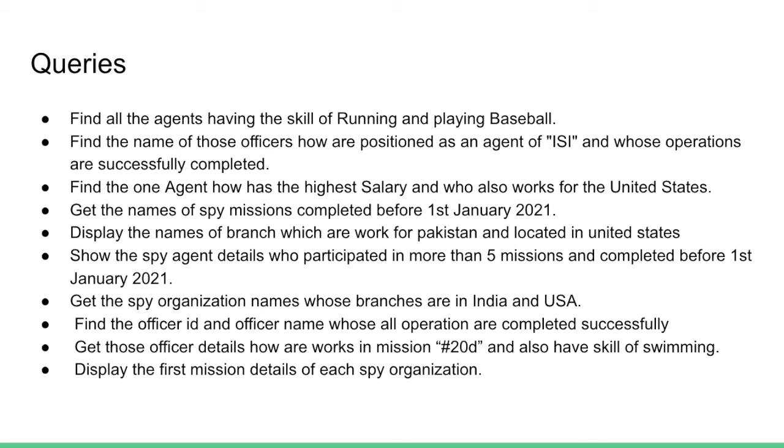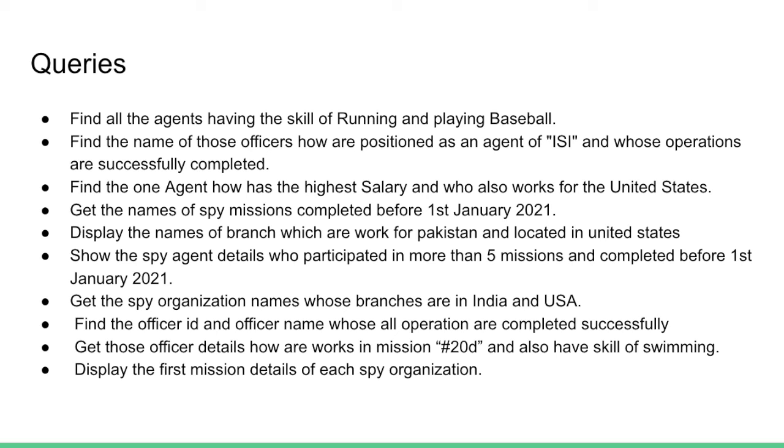Here are 10 queries. First is to find all the agents having the skills of running and playing baseball. In this query I am going to get the details of all those agents based on the officer table, and then find the skills on it.